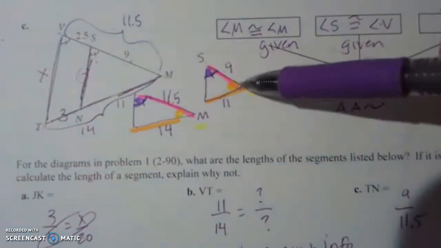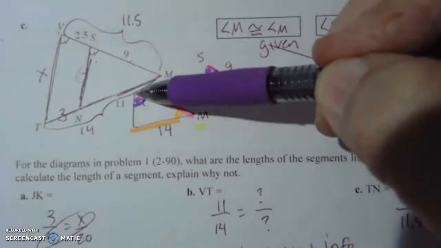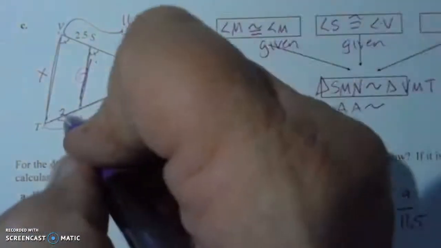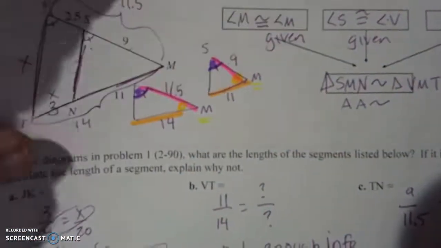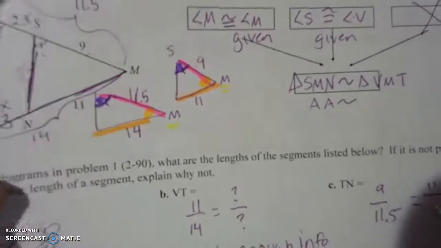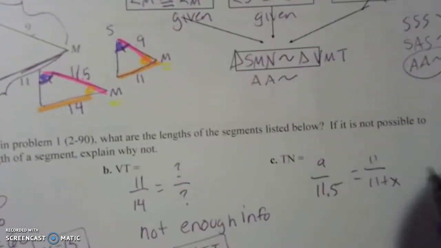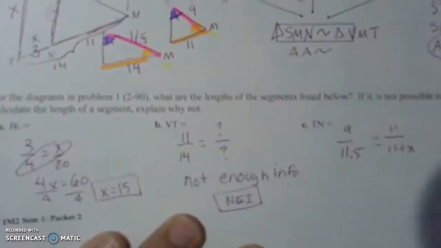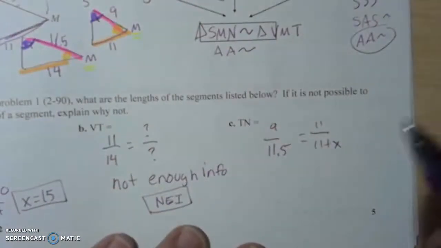I'm taking this, the pink, the small side, comparing it to this side. Let's say we didn't know it was 3. Let's put an x. Then that's going to be 11 over 11 plus x, that whole distance. Can't you see it all? 11 plus the unknown. But I said let's make it equal 3. So let's see what we get.